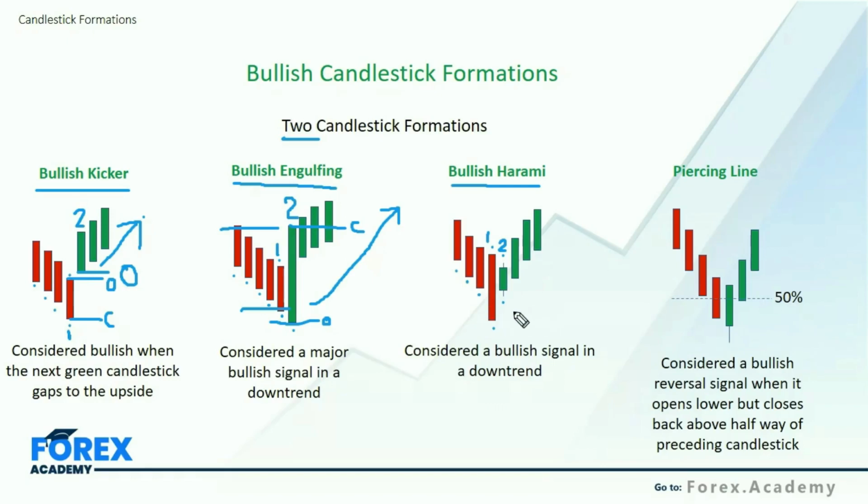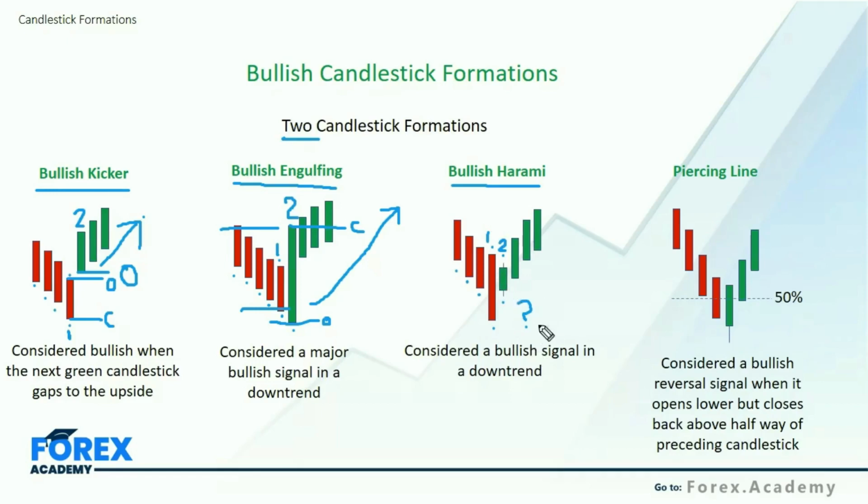So what this does as far as sellers are concerned is put a question mark in their mind. Would they expect to see further continuation to the downside once we get a bit of a bullish Harami in this situation, where we're actually getting a close much lower and the open much higher within that candlestick?